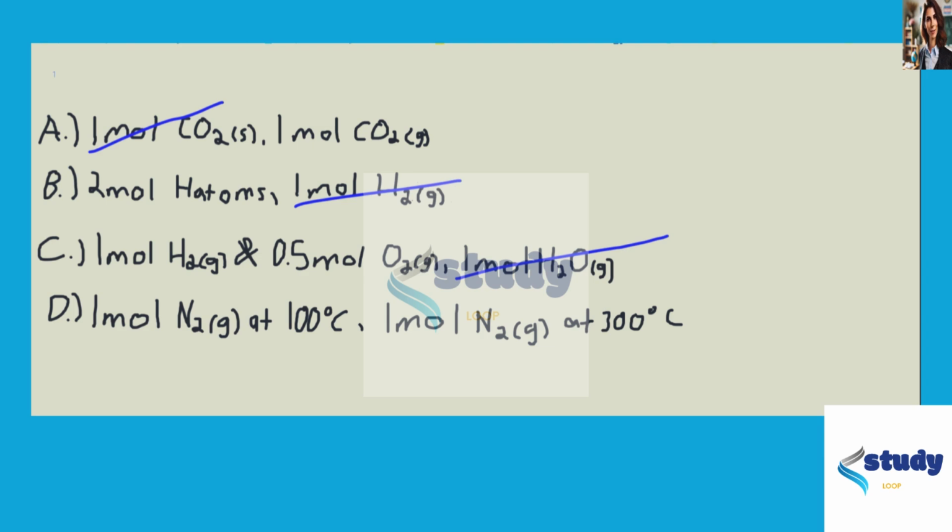So generally, a molecule at a higher temperature is going to have a higher enthalpy value because you don't have those favorable interactions. That means N2 at 300 degrees Celsius is going to have a higher delta H than N2 at 100.